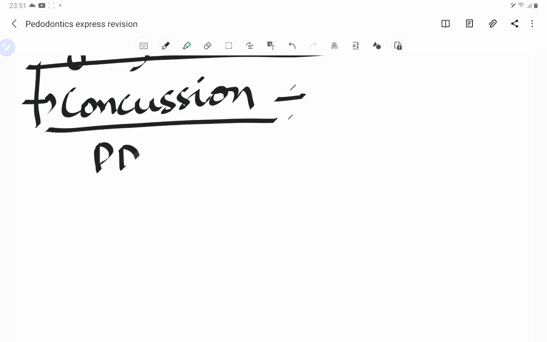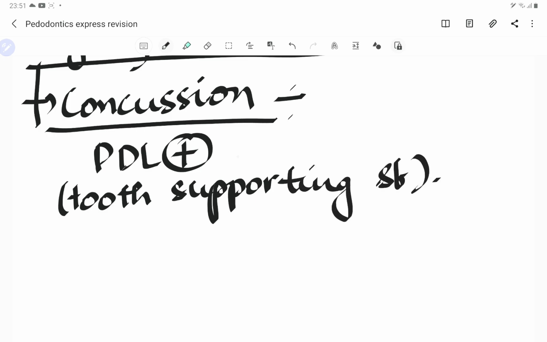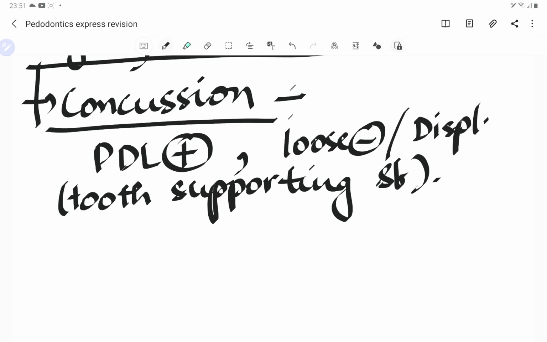So I'm just going to write PDL, that is positive. That means the tooth supporting structures, let me write it here this time in the bracket, but otherwise I'm not going to write it for the rest of the things. If there is loosening of the teeth, no, that is negative. If there is displacement, no, we don't see any displacement.